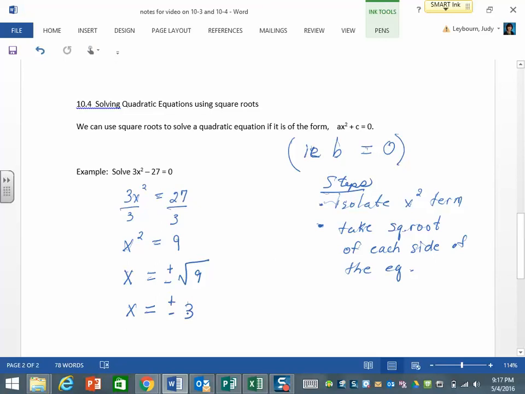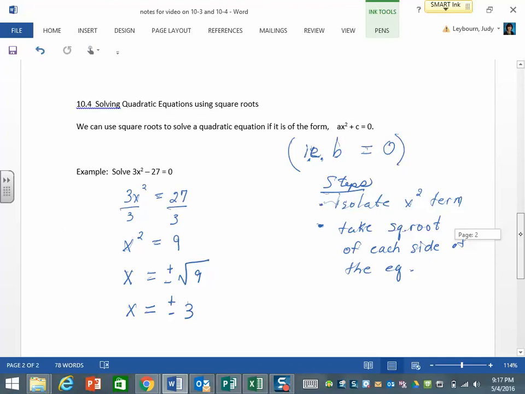And so the problems are quite simple to solve because we don't have this bx term. And so this method, it just takes a couple steps and we can get our answer.